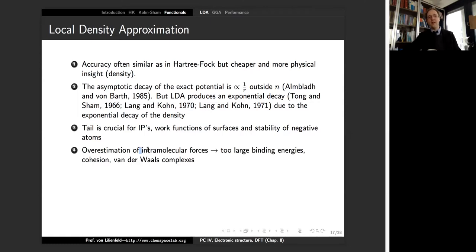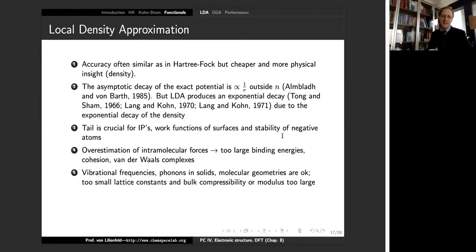They also overestimate intramolecular forces. So if you have two benzene molecules doing pi-pi stacking, or DNA fragments, right? The stacking of the DNA bases, there are strong intramolecular forces which are typically overestimated by LDA.